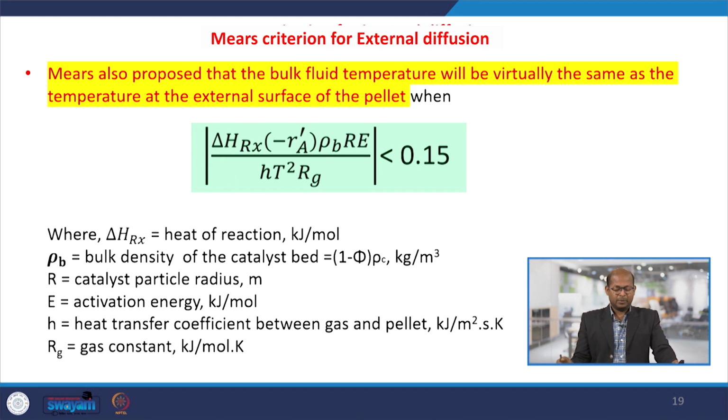Apart from that, Mears also proposed another criterion, that is temperature. The bulk fluid temperature will be virtually the same as the temperature at the external surface of the pellets.